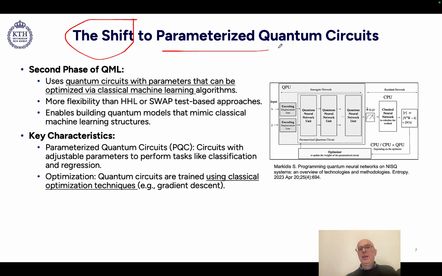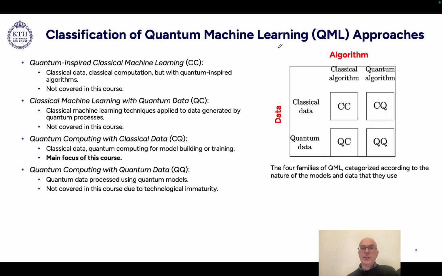So this approach is much more flexible than HHL or swap test based approaches. It enables building quantum models that mimic classical machine learning structure very closely. The key characteristic is that these PQCs use adjustable parameters to perform tasks like classification and regression, and the optimization itself is done on classical computing using classical optimization techniques such as gradient descent.